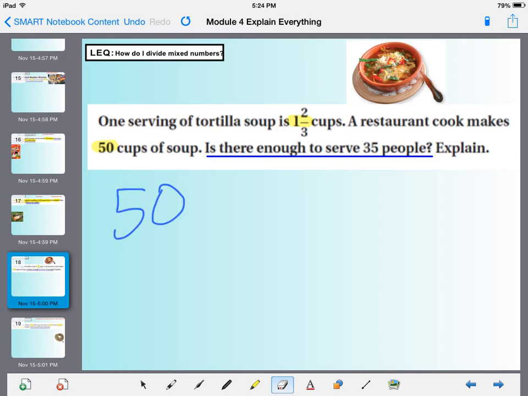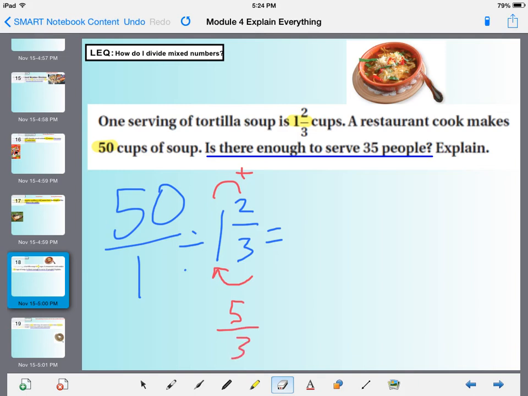So we're going to take 50 over 1, and we're going to divide that by each serving, 1 2/3 cups. We're going to turn this into an improper fraction in order to divide it. So 1 times 3 is 3 plus 2 is 5. So we're going to leave this as 5/3.